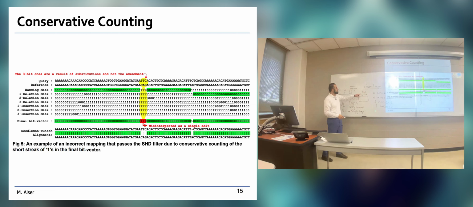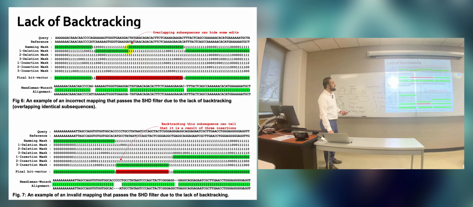So we don't consider them as 3 1s, as 3 edit operations. We have a reason why we do that in GateKeeper, but since we are not covering GateKeeper, let's forget this slide. The idea is just that we underestimate the number of ones, the number of edit operations. And that's a third challenge if we want to do the AND operation.